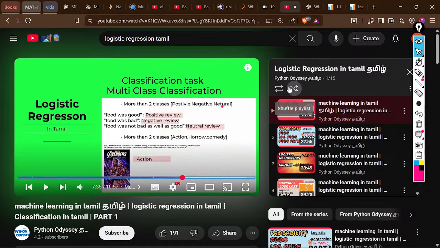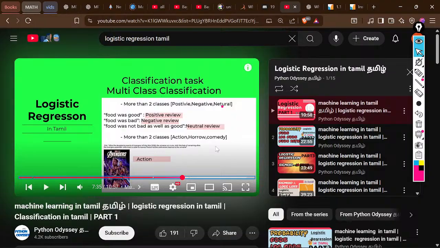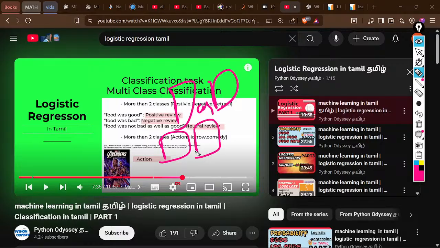Okay, types of classification. We have binary. It will be two things, right? Either this or this. We have multi-class, either this or this or this. We have multi-label.